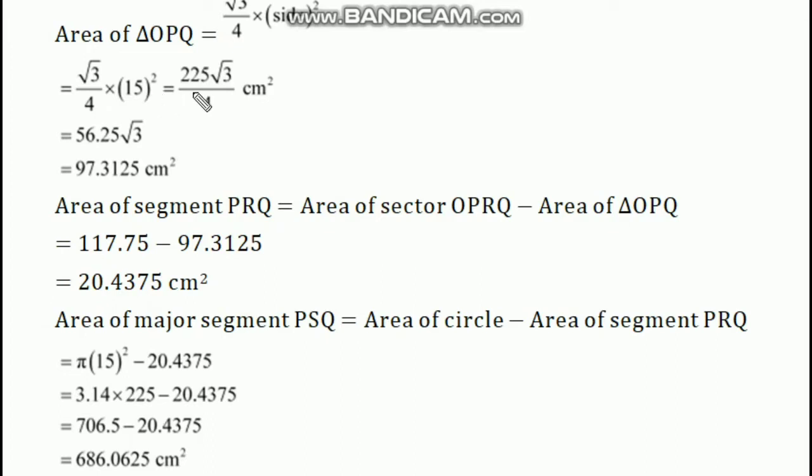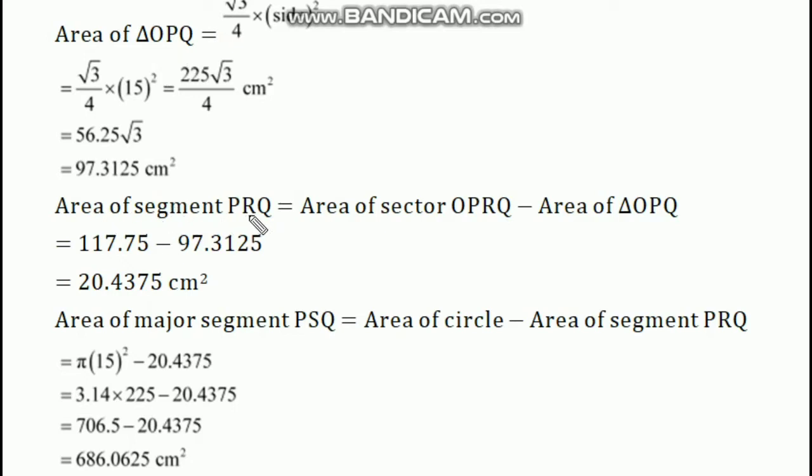Substitute, then we will get 225 square root of 3 divided by 4 centimeter square. So 56.25 square root of 3, the value of root 3 approximately 1.732. So 97.3125 centimeter square is the approximate value for the area of triangle OPQ.